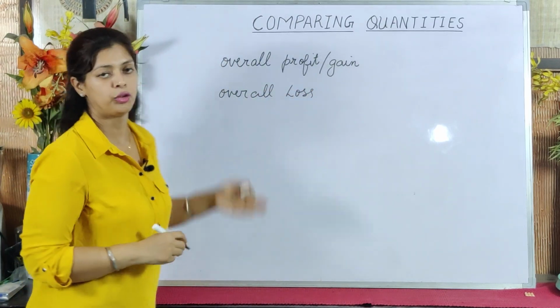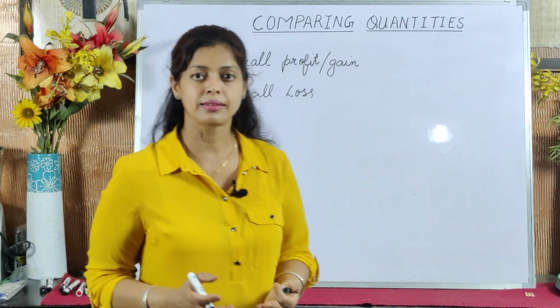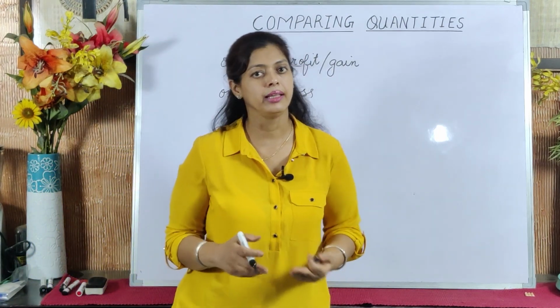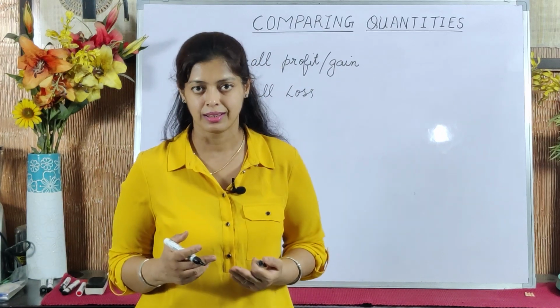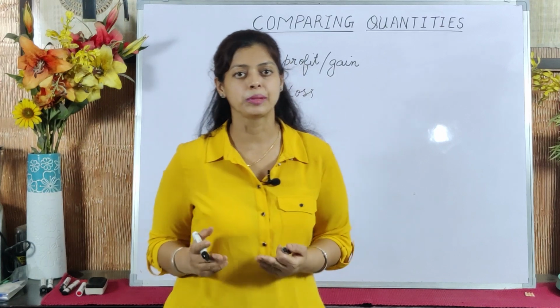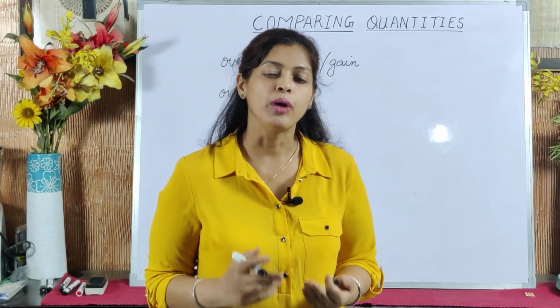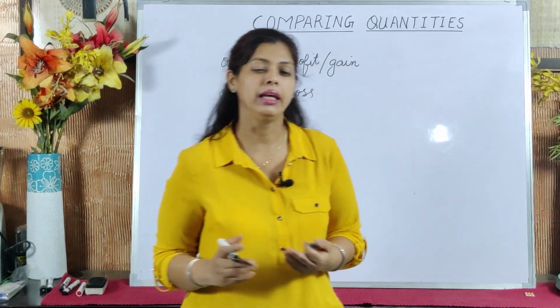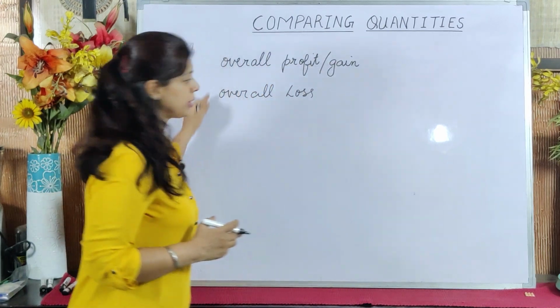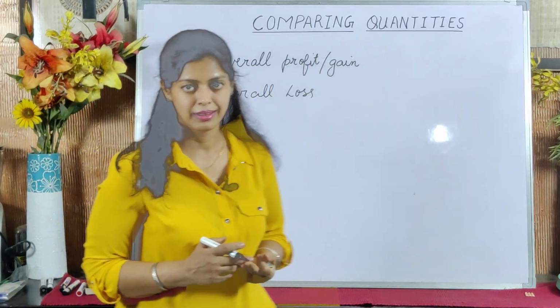In this case, you will be given two transactions in which normally there will be, in one transaction there will be a profit, in the other one there will be a loss. And then you have to calculate the total selling price, total cost price, and then check whether you have a profit or loss in the overall transaction. We will understand this concept with the examples.